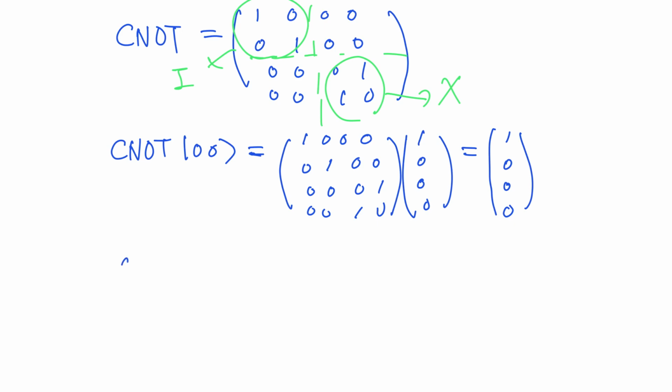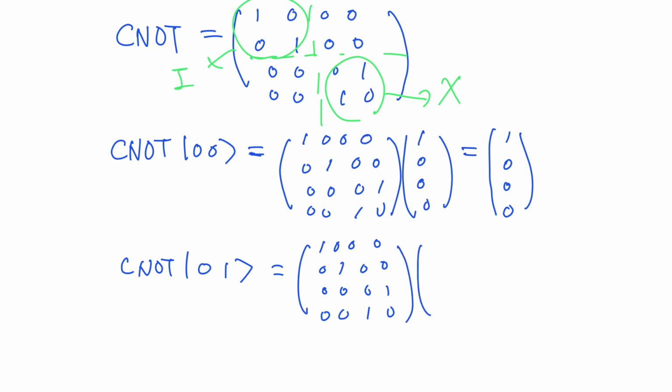How about C naught 0 1? 0 1 is 0 1, right?